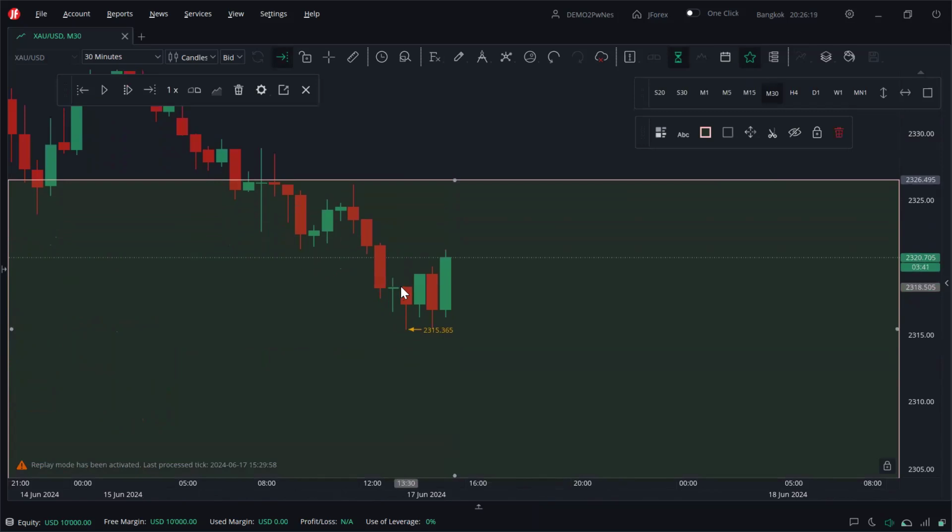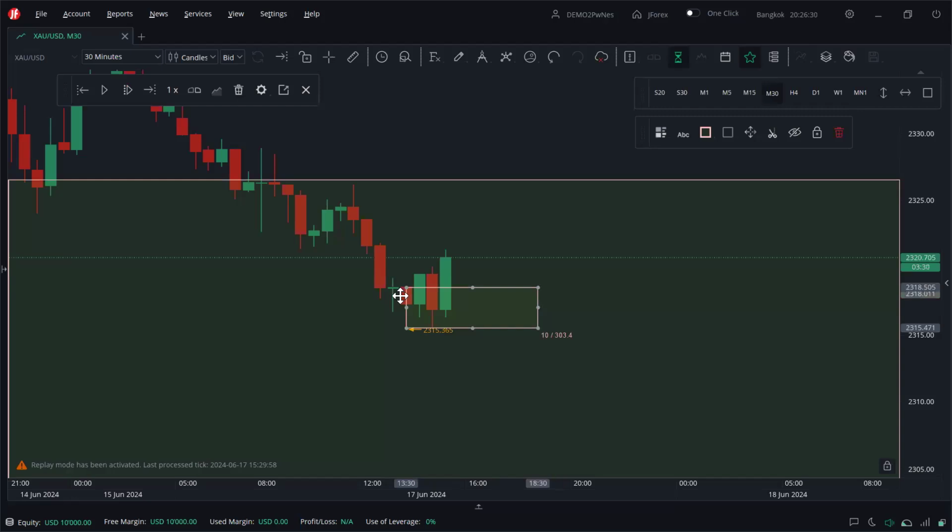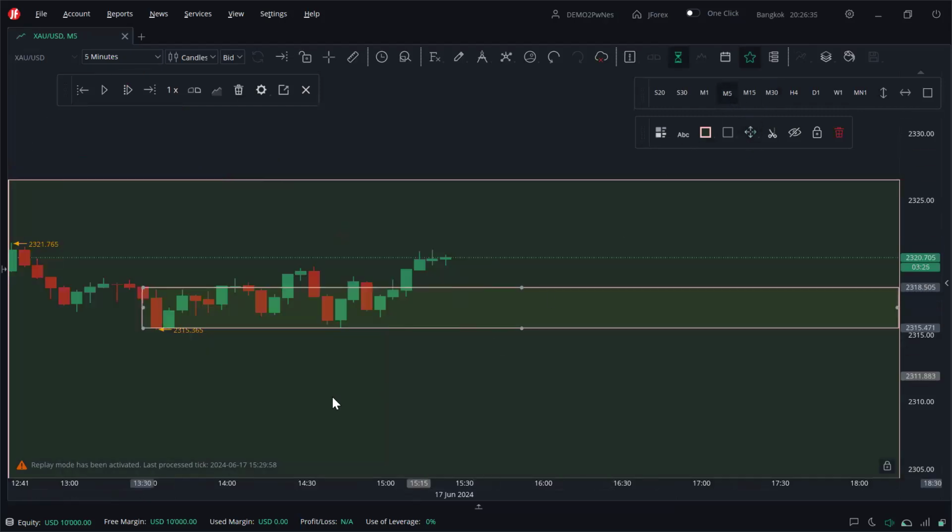We take the buys from here, but this is very high risk.